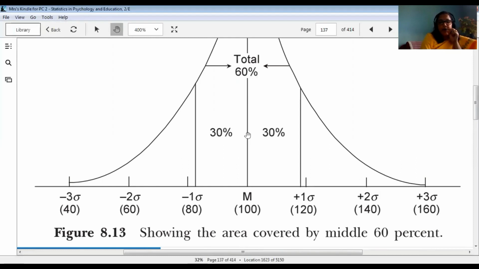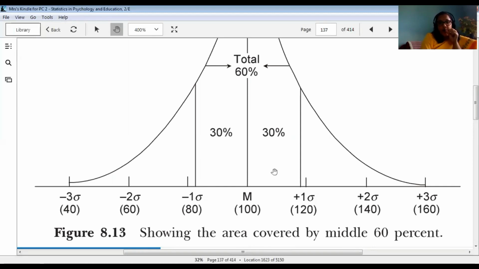And by taking the sigma value from the normal curve table for 30%, or 3,000 out of 10,000 cases, we got 0.84 sigma, both at the negative side as well as the positive side.